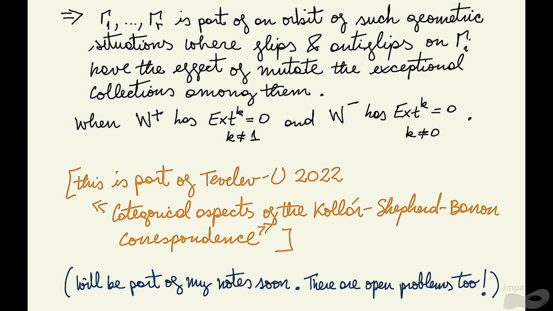So you need something else. And then for that collection, you have that the X for K that are not 0, everything is 0. And so this is a strong exceptional collection.